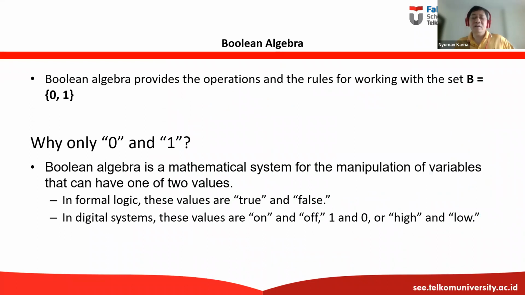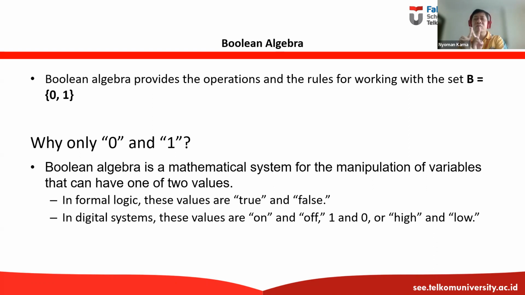So now we're going to discuss Boolean algebra. I believe you're already aware of why we need 0 and 1 in the digital world. That's because the transistor that builds the logic gate can only work in 2 modes: saturated mode and cut-off mode.